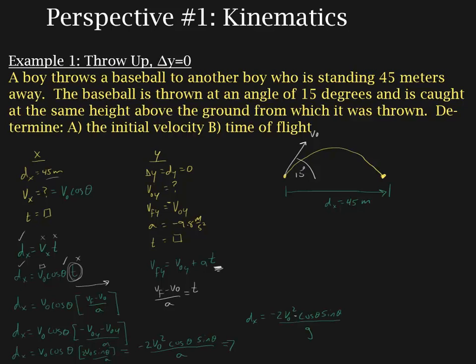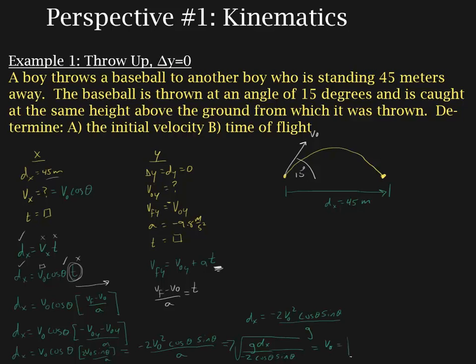And then solving for v initial, we get g times dx divided by minus 2 cosine theta sine theta. And we'll take the square root of all of that to get v initial.